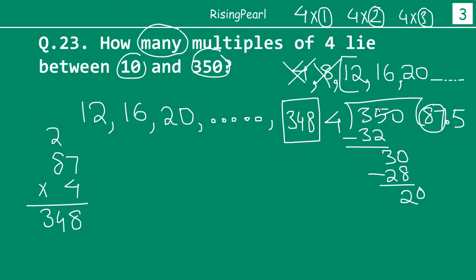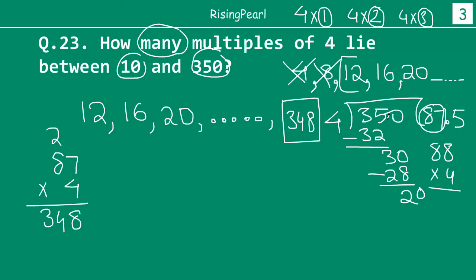If we were to find out the immediate multiple of 4 which is greater than 350, instead of taking 87, we would have taken 88, and multiplied that by 4, and whatever is the answer would have been the answer.